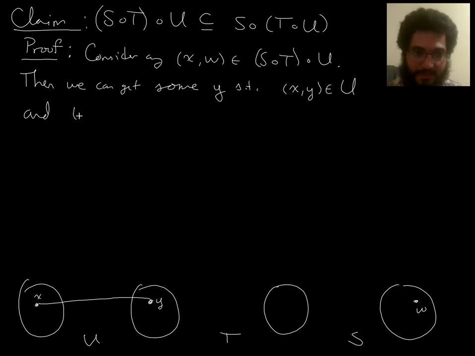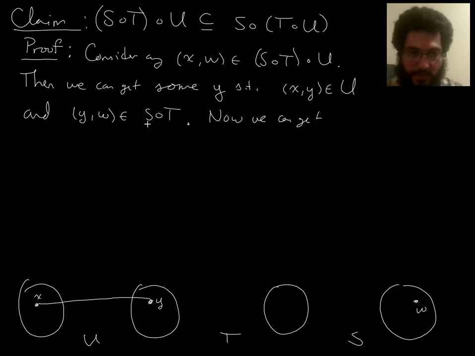And yw is in S composed with T. So that means there's a link y to w. Now if there's a link y to w along the composite S composed with T, that means there's a middleman, right? There's somebody here. So that's using the definition of composition. So now I'm going to use the definition of composition on this.